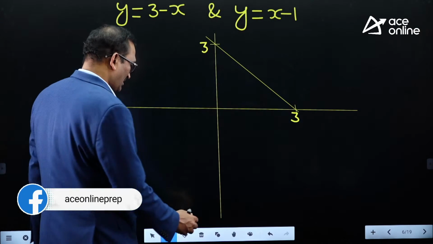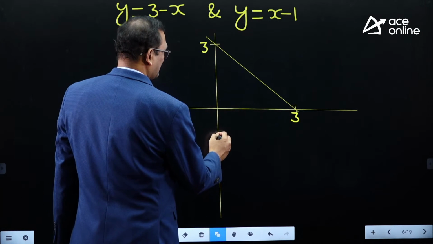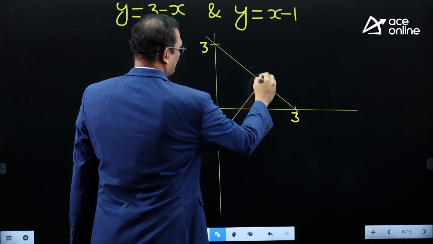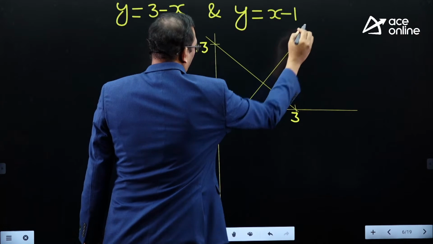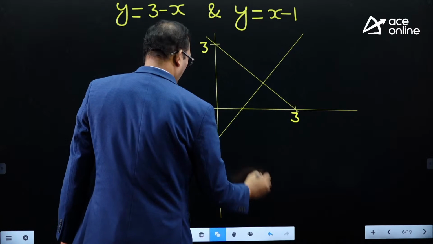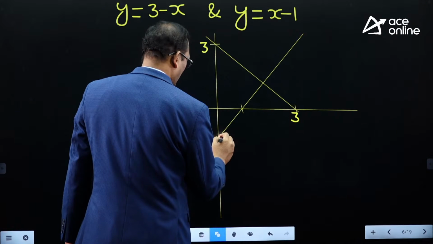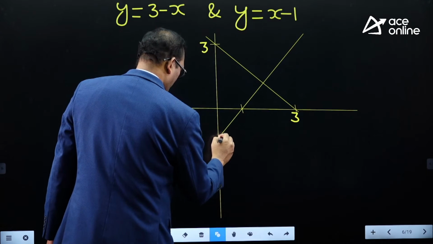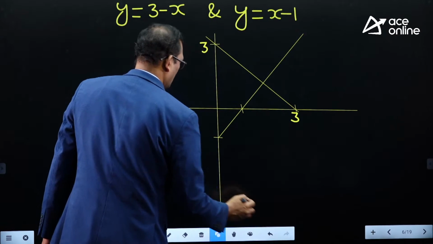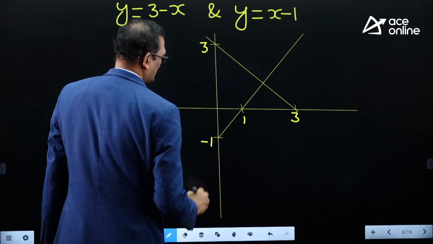Let us draw one straight line that touches x-axis at plus 1 and y-axis at minus 1.